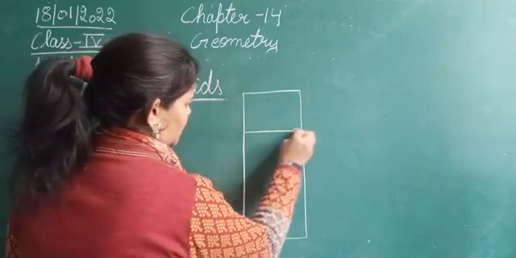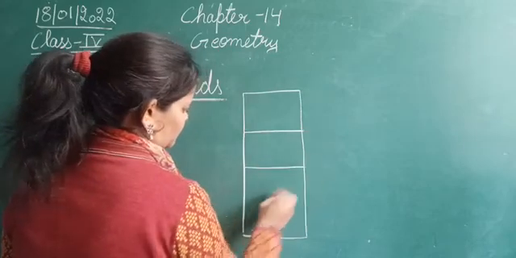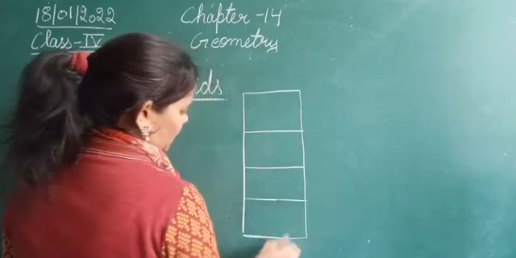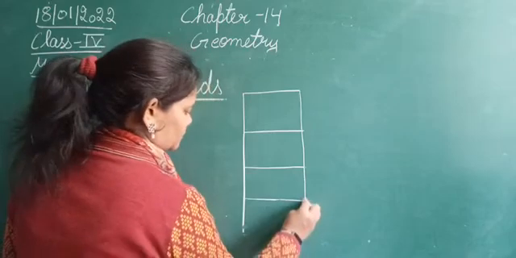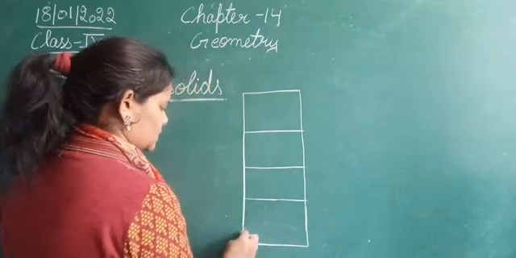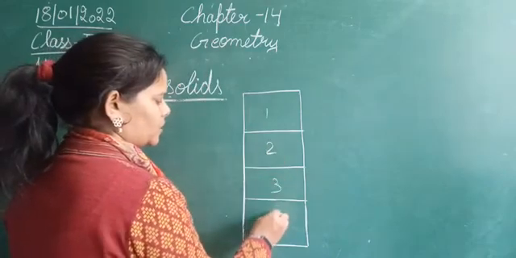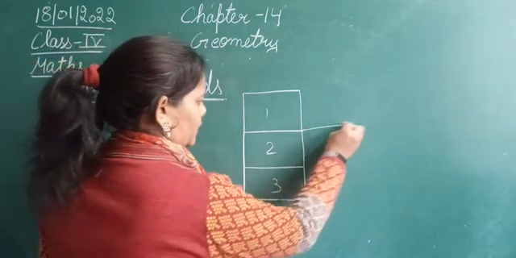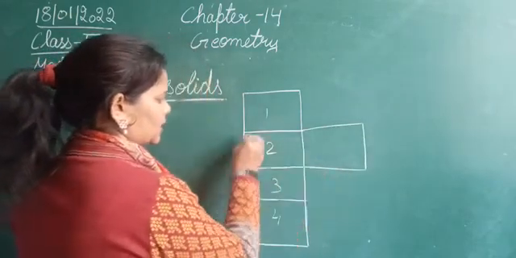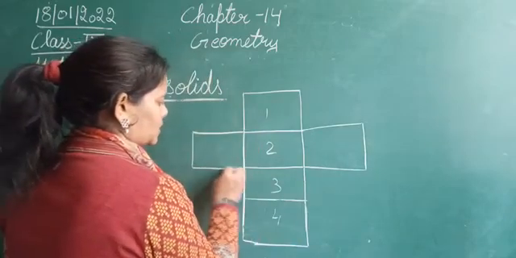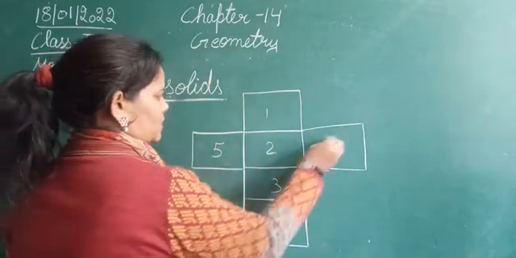This is 1, 2, 3 and this is 4. First side, second, third and the fourth, and from the right. So this is the left one and this is the right one. This is the 5 and 6.